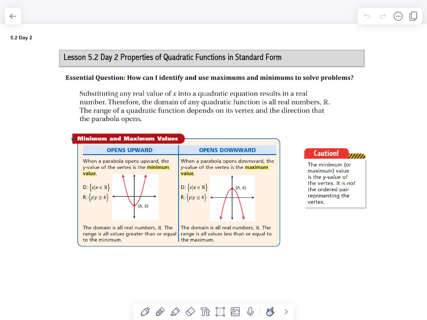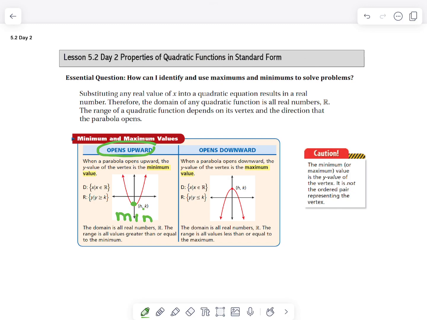Here is graphing a quadratic function in standard form. The first chart here shows you two different parabolas. The one on the left opens upward, so it's going to have a minimum at that vertex point.